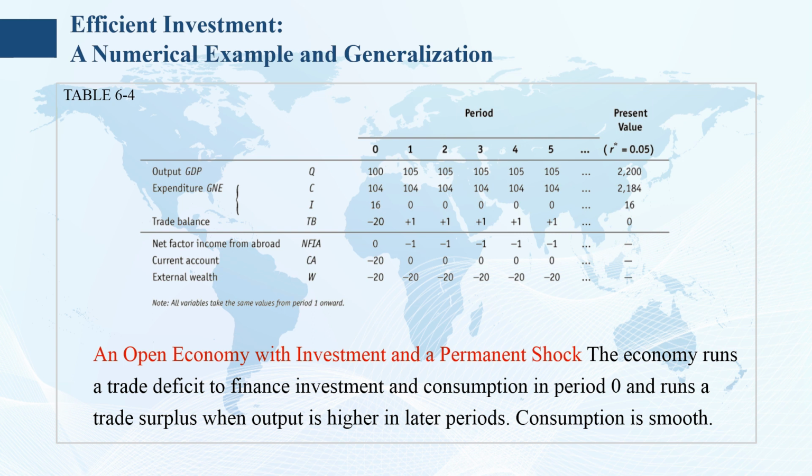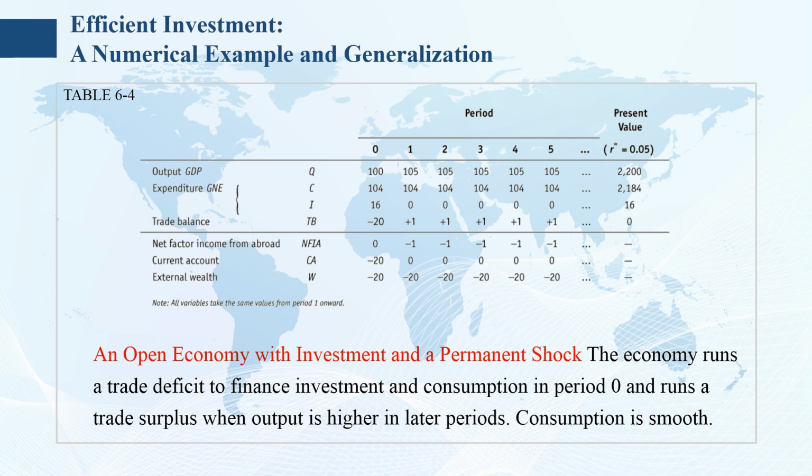In year 0, consumption C is 104, investment I is 16, and the GNE is 120. The trade balance is minus 20. Because output Q is 100, the country must borrow 20 units in year 0 to fund the investment of 16 and the additional units of consumption the country can afford as a result of the investment.